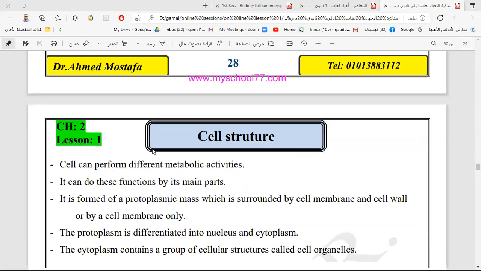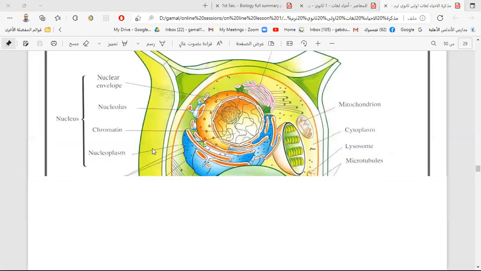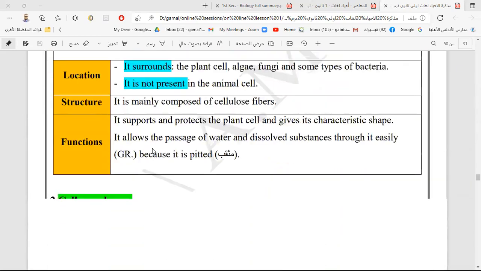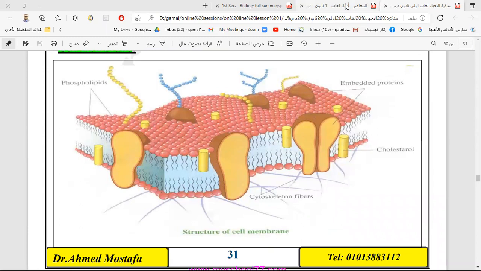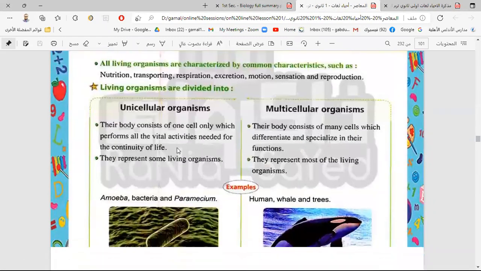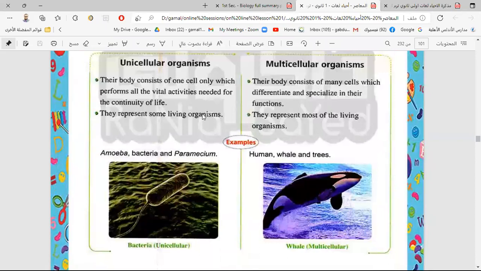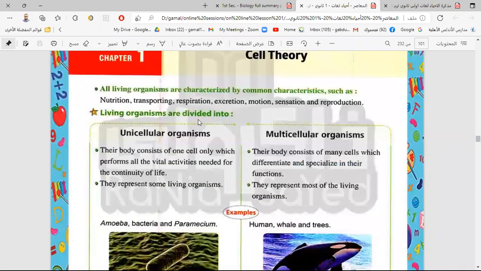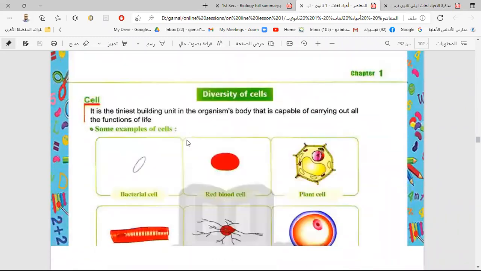Now we can move to another type of microscope, which is the electronic microscope. Of course, you can see here the microorganisms are very small, so you need a microscope to magnify them and to study them clearly.